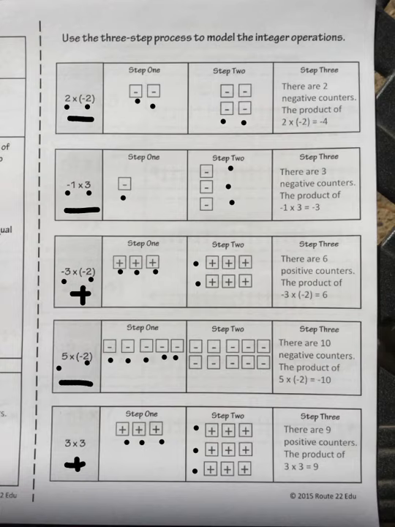Make sure that you go back, and I want you guys to look at these. If you are looking at negative counters, I want you to make sure that you color all of your negative counters red. It's just going to look a little bit nicer for you, and it will help you to understand what you're doing a little bit better.